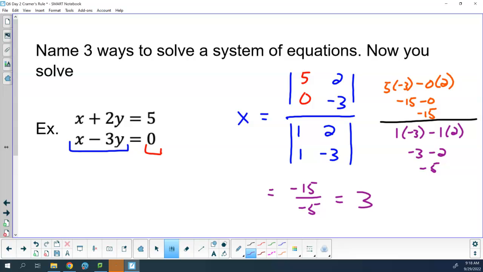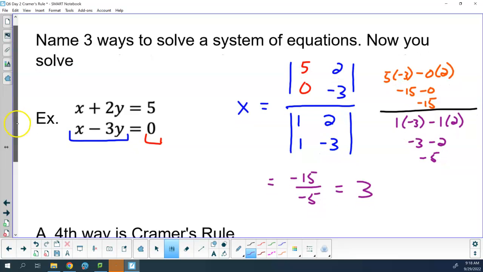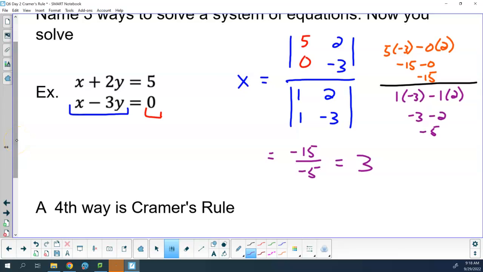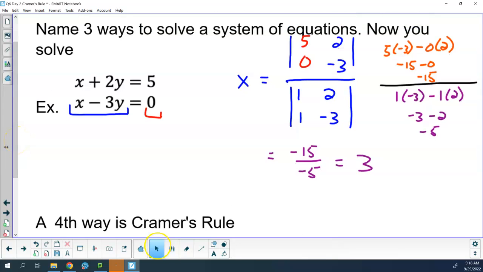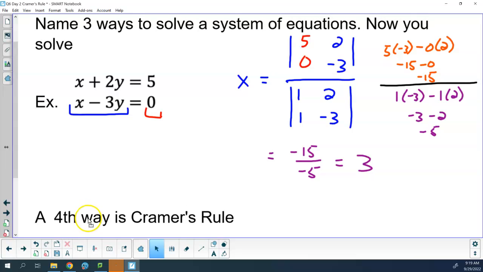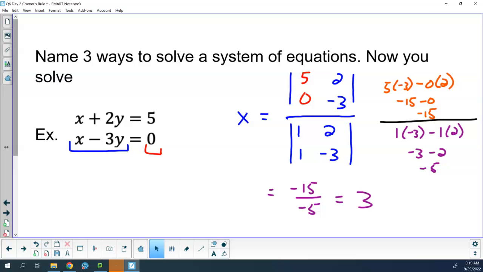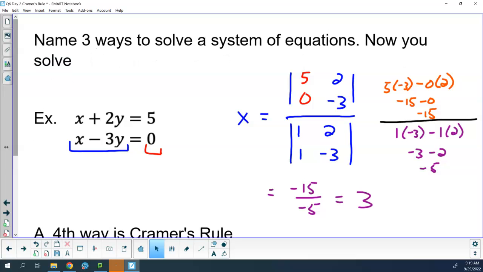If I want to solve for y, I would do the exact same thing. Oh, tough breaks. Maybe I can't get rid of that. I was hoping I could get rid of that, but apparently I can't, so we'll leave that right there.